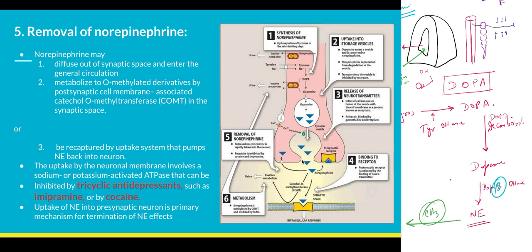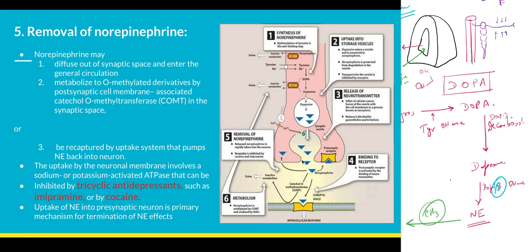So there will be desensitization of the receptor, and then the action will be gone. If you are getting too much neurotransmission, then this can reduce, or it can cause desensitization. So uptake is very important.